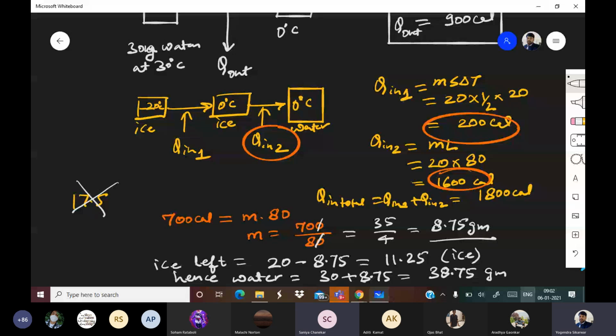The heat which was released due to lowering the temperature of water is m s delta T, and out of that we got 900 calories. Now this 900 calories is inside the vessel, correct? This 900 calories is going to first of all increase the temperature of ice, and secondly it is going to melt the ice, right?